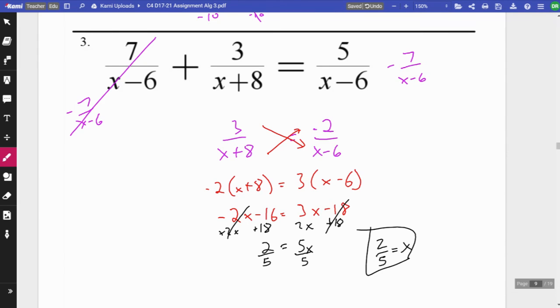And so just one more word on that. If my answer was x equals 6, or if it was x equals -8, I could plug one of these in to check the answer. I'd get 7/0 plus 3/14 equals 5/0. That can't happen. You can't divide by 0.